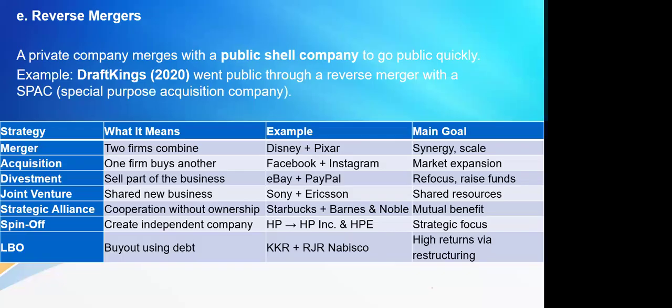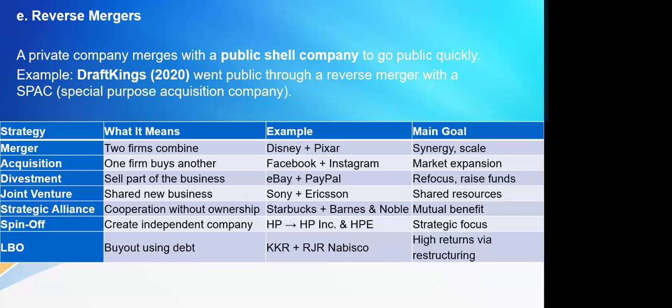Then divestment or divestiture, selling part of the business. One reason is to refocus the business, because two different businesses may have got together, so then you have to remove one company, and it may help you to raise funds. So you sell one company and get the money.